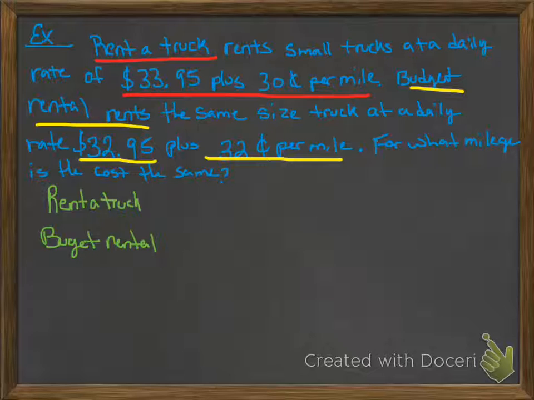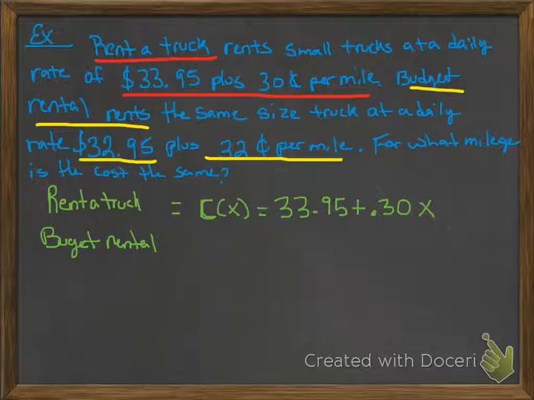Our Rent-A-Truck equation is going to be the cost, we'll call it C of x, will equal 33.95 plus 0.30x, because that's an extra 30 cents per mile.